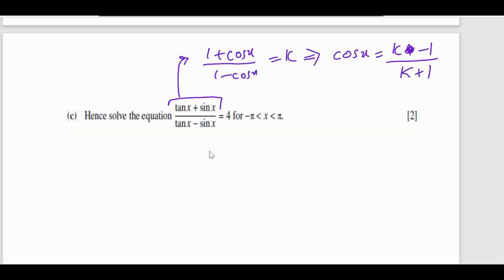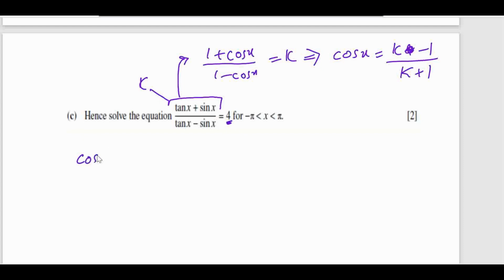Now here this whole thing is equal to k, and we know that this whole thing is equal to k, which means k is equal to 4. So the value of k is 4, and we need to solve this one.